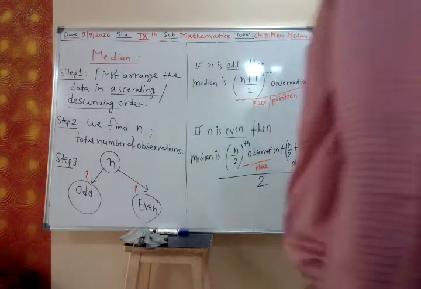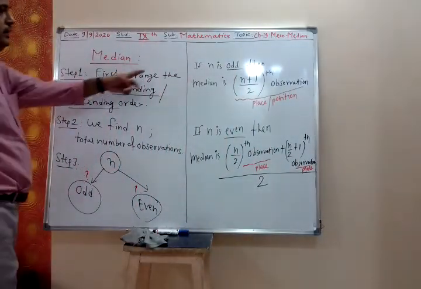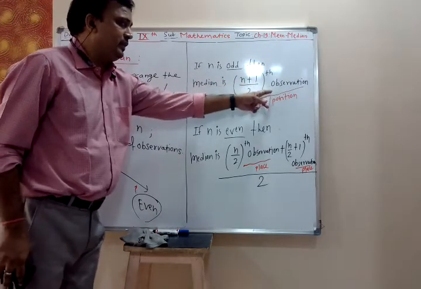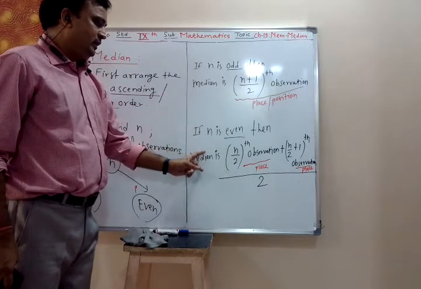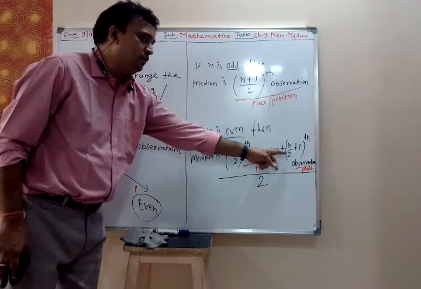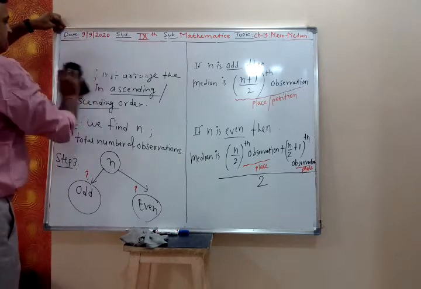We check whether n is even or odd. If n is odd, then the median will be the (n plus 1) upon 2 th observation; this position value will be the median. If n is even, then the median will be the n by 2 th observation plus the n by 2 plus 1 th observation, divided by 2.